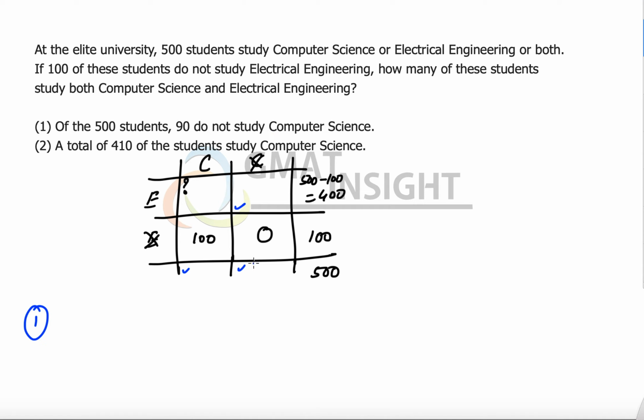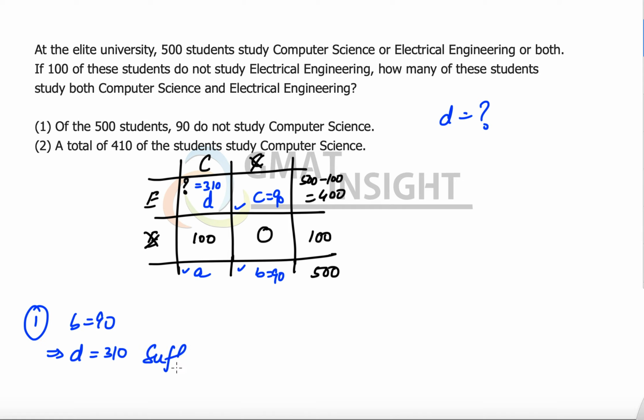So here, if I mark them A, B, C and D, where I have to find the value of D, the first statement says 90 do not study computer science, so B equals 90, that means C also is equal to 90, which means D becomes equal to 400 minus 90, that is 310. So B equal to 90 leads us to the value of D, which is equal to 310.